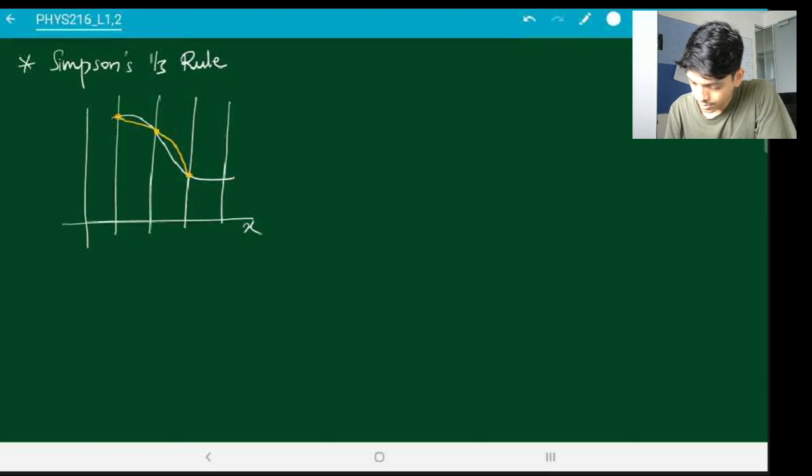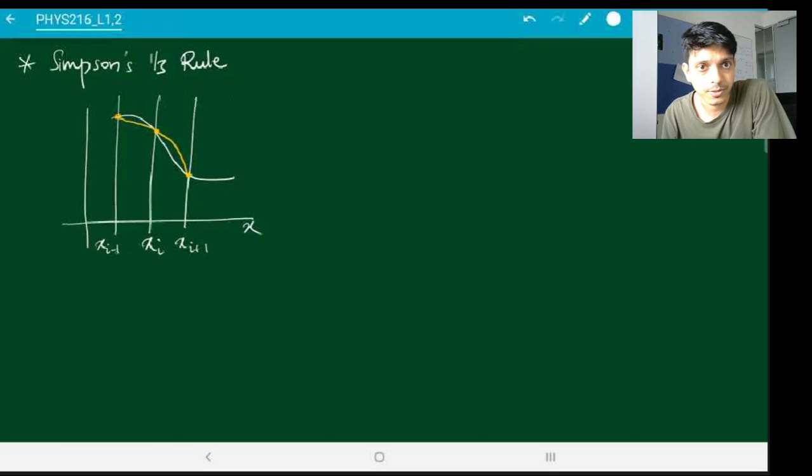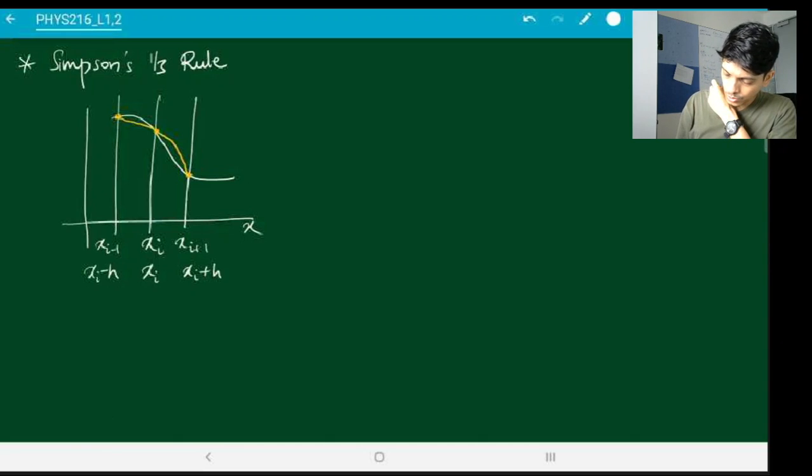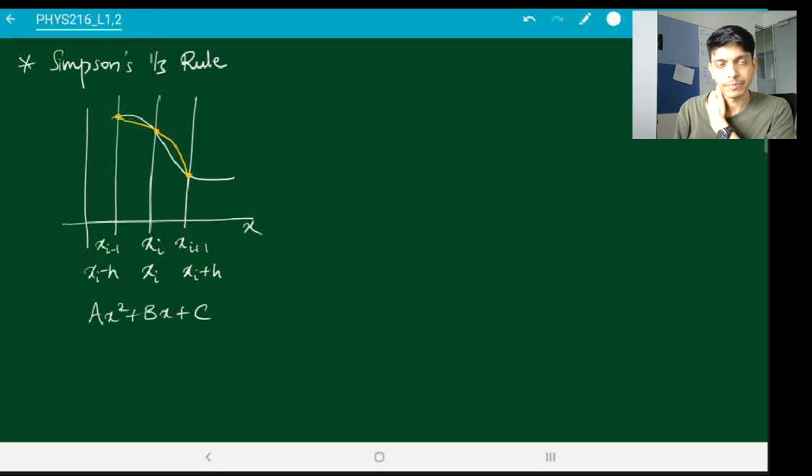Suppose these are xi, xi plus 1 and xi minus 1. Or I can say this is xi, this is xi plus h, and this is xi minus h, because the spacing between each of them is always h. So suppose the function, this yellow function that I want to fit to this curve over here, is ax square plus bx plus c.